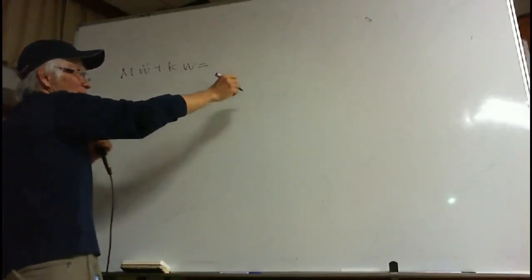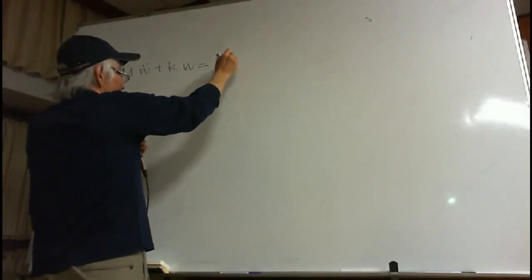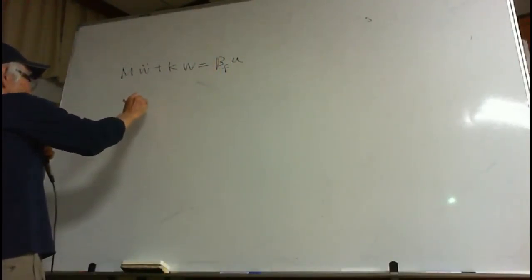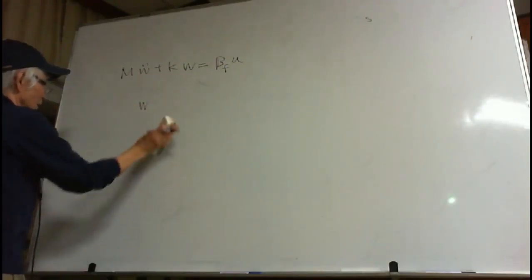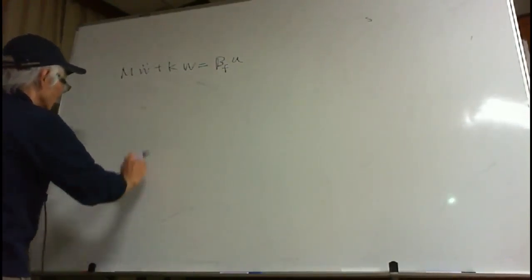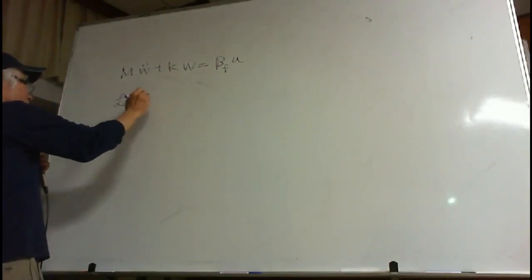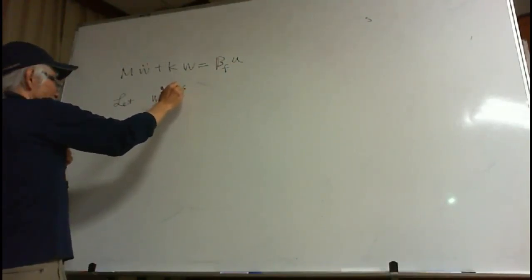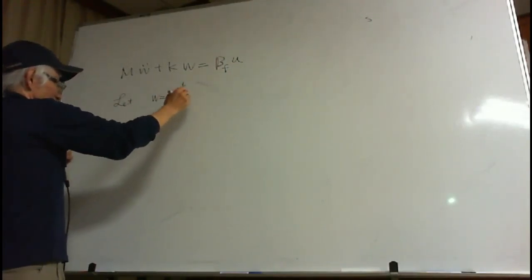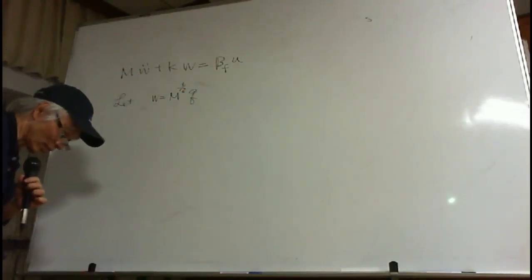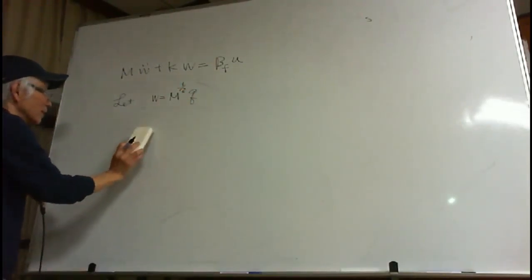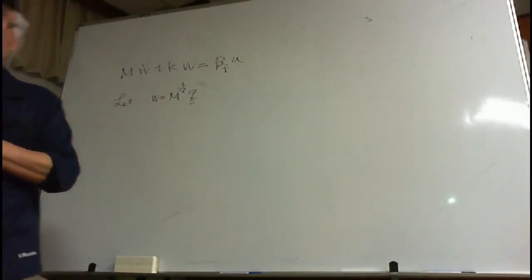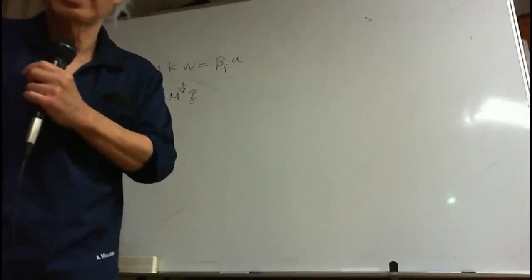Let me give you some magic. Assume W equals M to the minus half Q. Can you take a matrix to the half, and also the negative half?